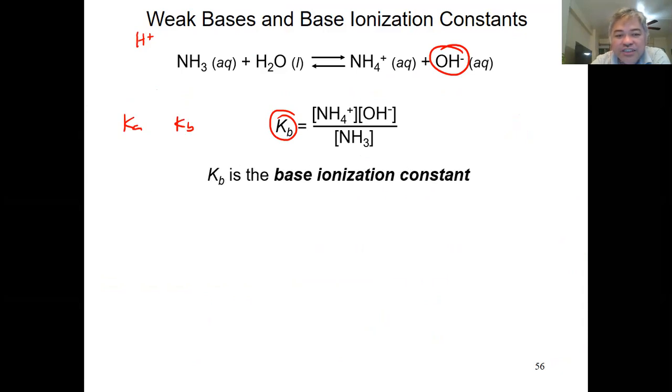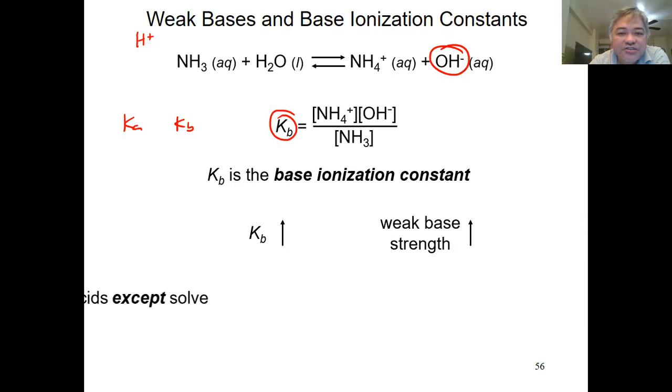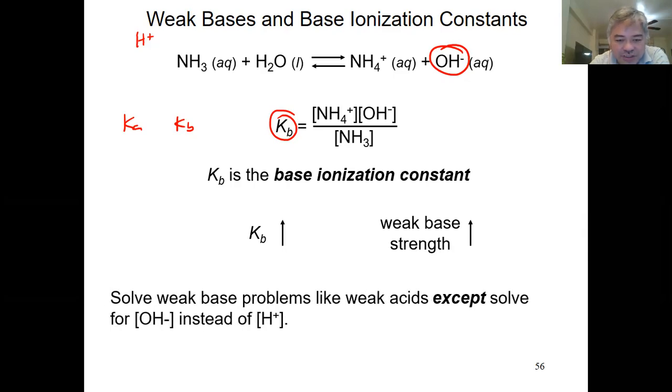So, Kb is just the base ionization constant. And kagaya ng Ka, the higher the Kb, the stronger is the weak base. So pareho lang yan sa weak acid. Ang pagkakaiba lang, hydroxide ang sa base compare sa H+ doon sa acid.